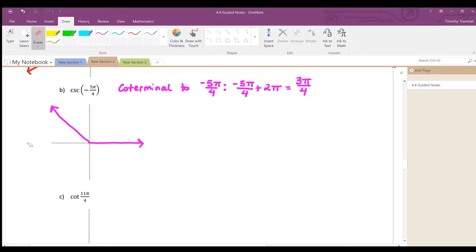So if it's pi to get to here and 3 pi over 4 to get there, then what we're left with here must be pi minus 3 pi over 4. That must be our reference angle. So pi over 4. Let's get rid of all this and we'll put in pi over 4 there.